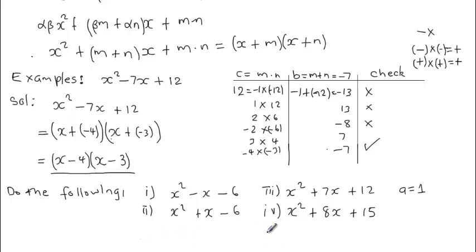Then we have x squared plus 2x minus 15.